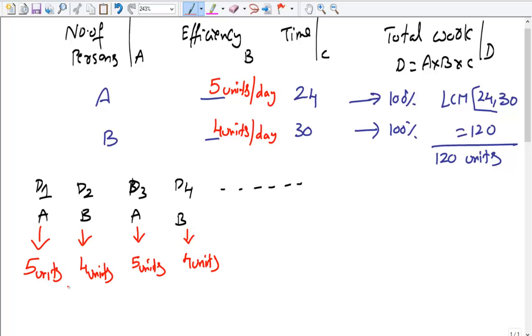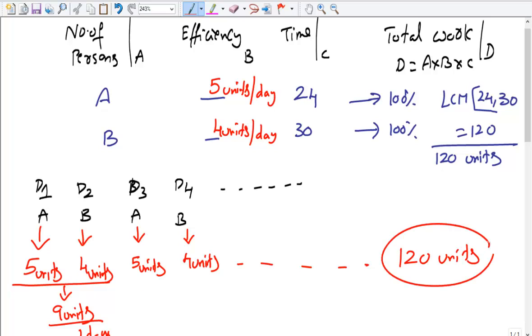Now, instead of writing all these things like 5 plus 4 plus 5 plus 4, we can say that together they finish 9 units. That is, in 2 days they finish 9 units of work. So every 2 days they finish 9 units. Now, like this, we need to find when they finish exactly 120 units.